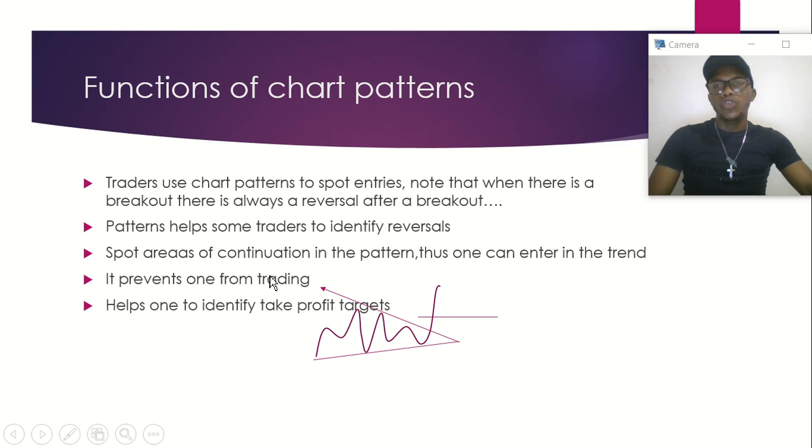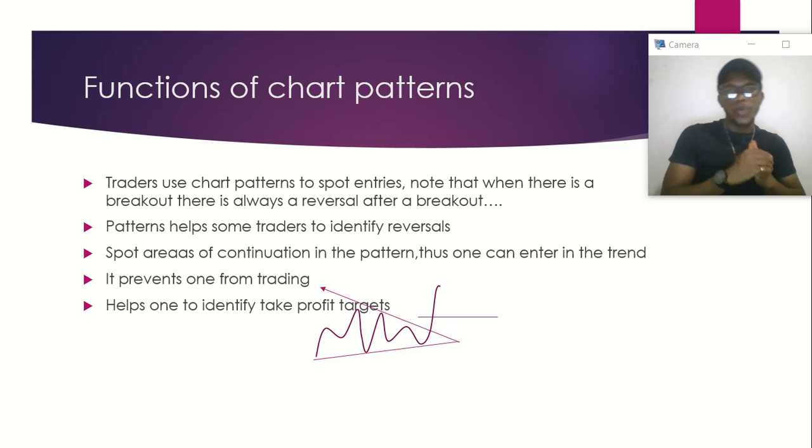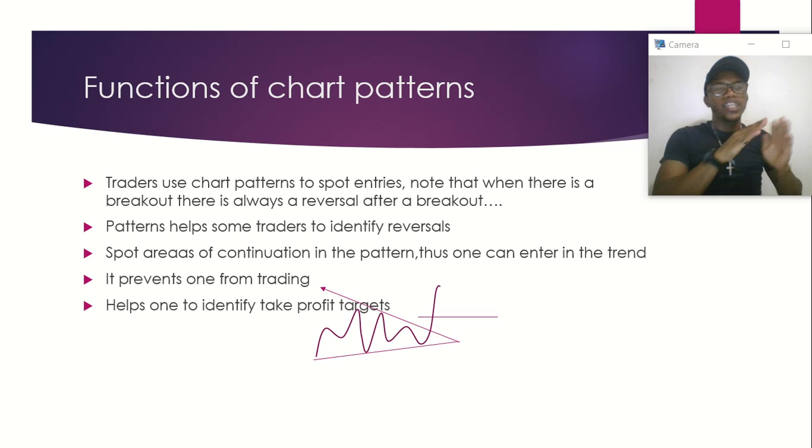Another function of the chart patterns is that they help us to spot areas of continuation in the pattern. Thus, one can enter in the trend. Sometimes you find that the trend is strictly up, but there are corrective and impulsive waves, because you remember the Elliott wave principles.